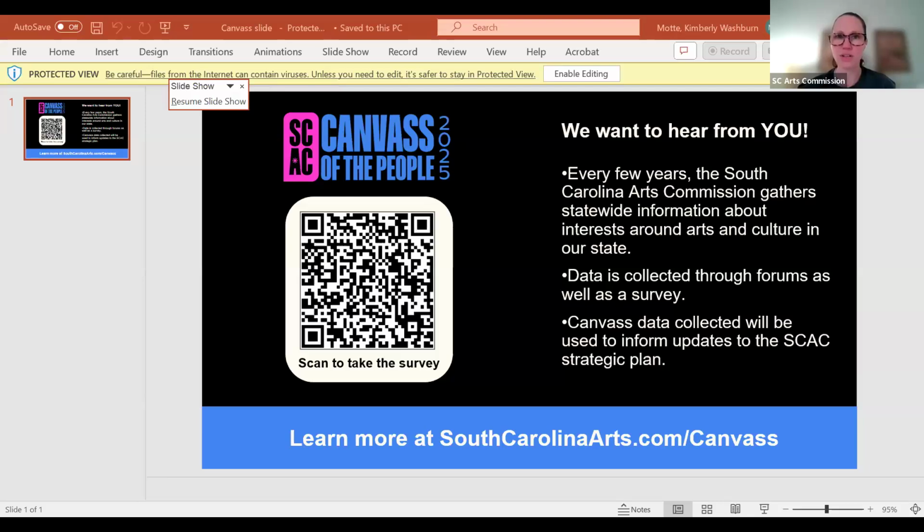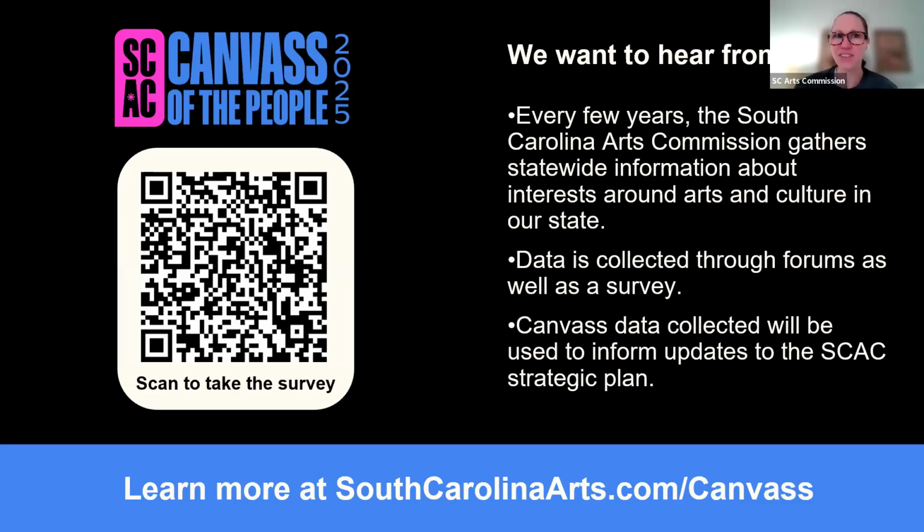Super briefly, because I know that we are just a little bit over time, I am going to share my screen and share a slide with you and give you just a super brief introduction to something called the Canvas of the People. The South Carolina Arts Commission every 5 years or so does a Canvas of the People.